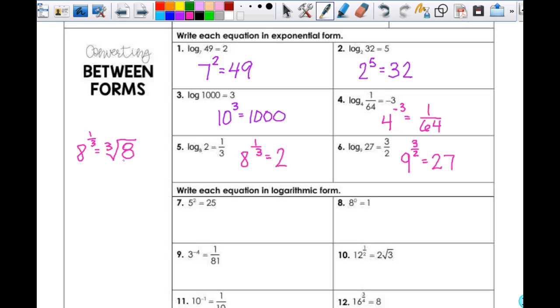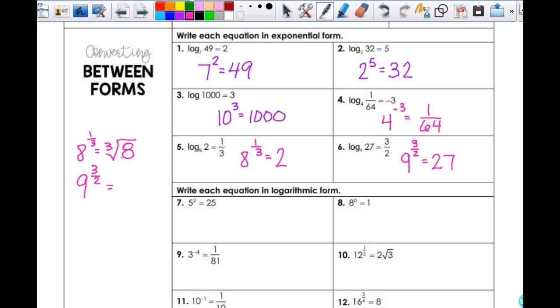All right, and then so on number 6, another way to write that 9 to the 3/2 power, well, the 3 is cubing the 9. The 1/2 is, what would just be 9 to the 1/2 power? Just 9 to the 1/2. Let me ask that differently. How would I write 9 to the 1/2? I don't want to know what the answer is. I could rewrite this as this.